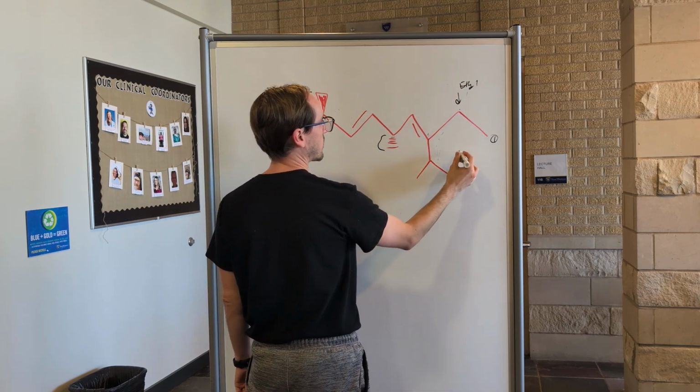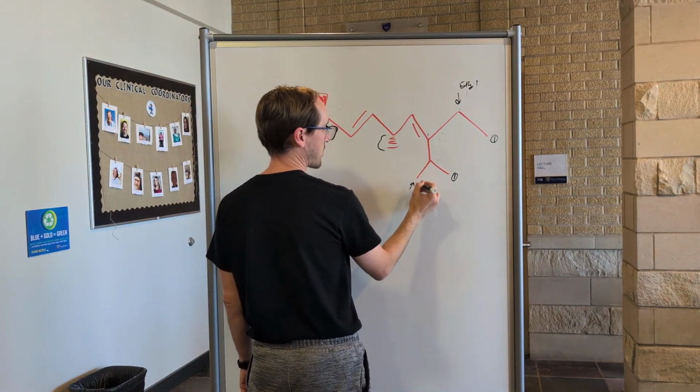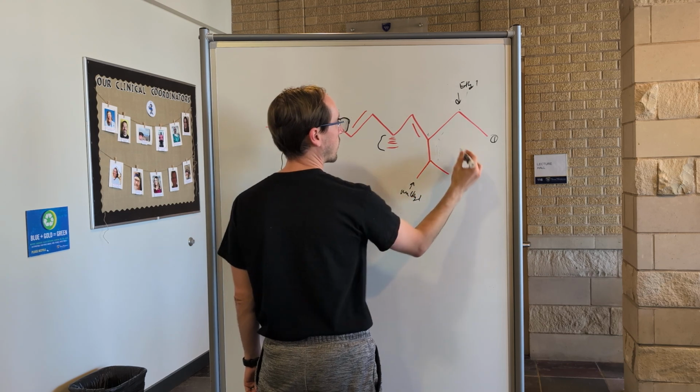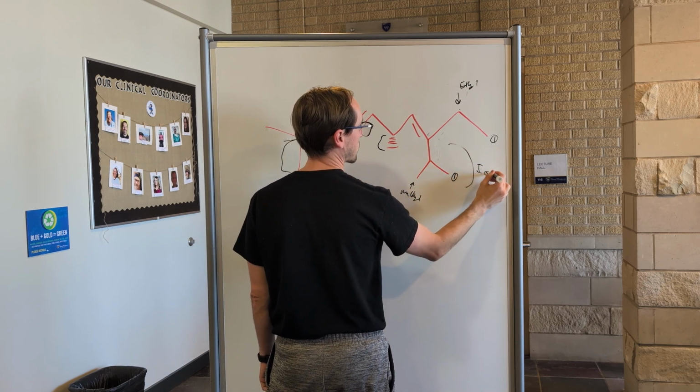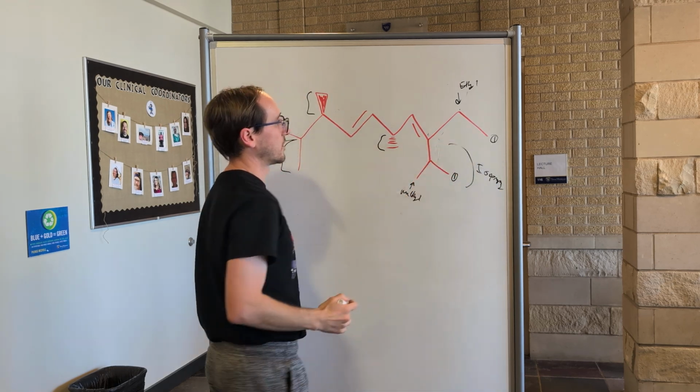If you use this one, then you have this as being a methyl group, or if you do this whole thing, it's an isopropyl group, if you're starting from here.